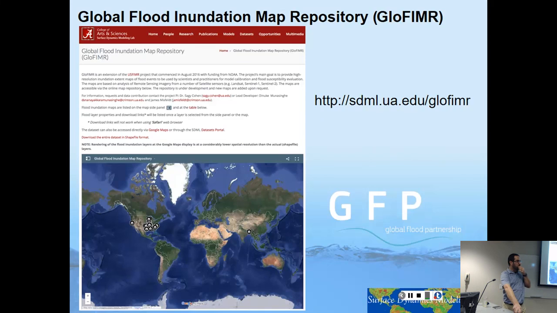So it's especially useful for developing countries that don't have their own National Weather Service or mechanism to really forecast and map floods. As a response to that, we developed the Global Flood Inundation Map Repository, which is basically the same repository, but we also have one flood at this point in Bangladesh. So it's global in respect of the fact that we have one flood outside the US.